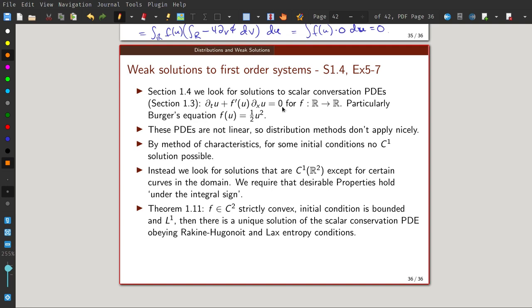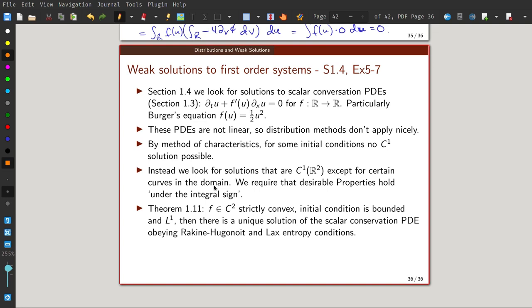So what were we to do? Well, what we did is we allowed what we called weak solutions, which are slightly different from weak solutions in the sense of distributions. By characteristics, we saw for some conditions no C1 solutions were possible. C1 is the natural regularity for this problem. So we looked for solutions that were C1, except we allowed certain singularities or discontinuities. We allowed curves in the domain where the function was not C1.